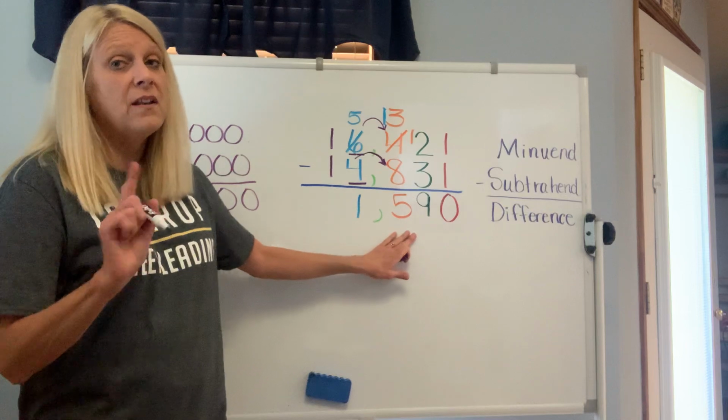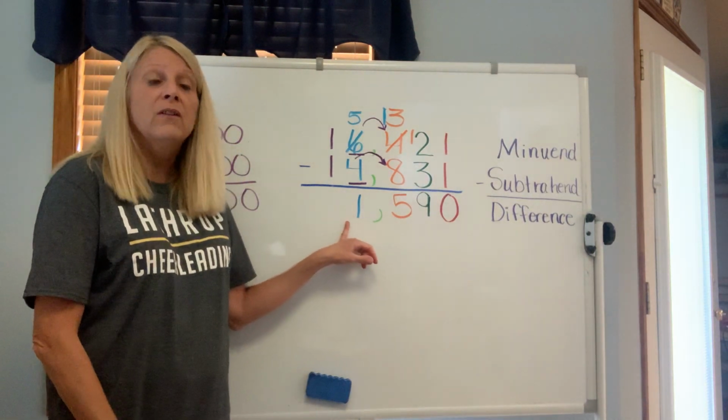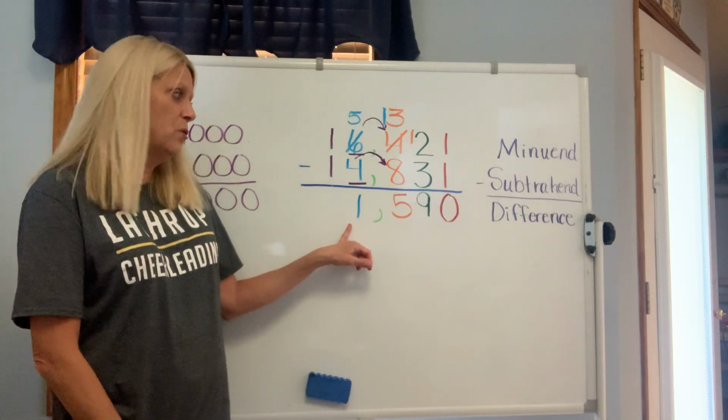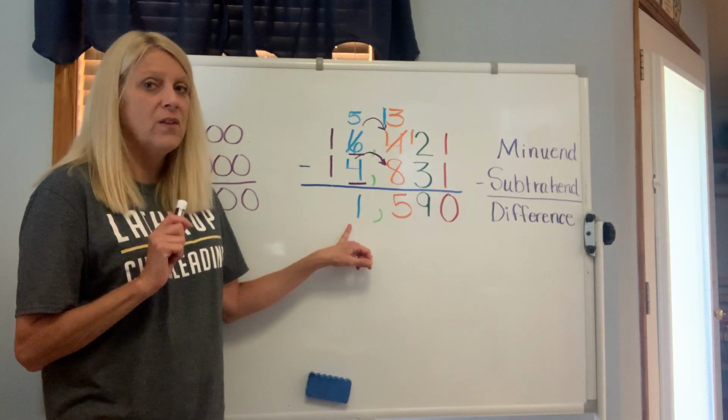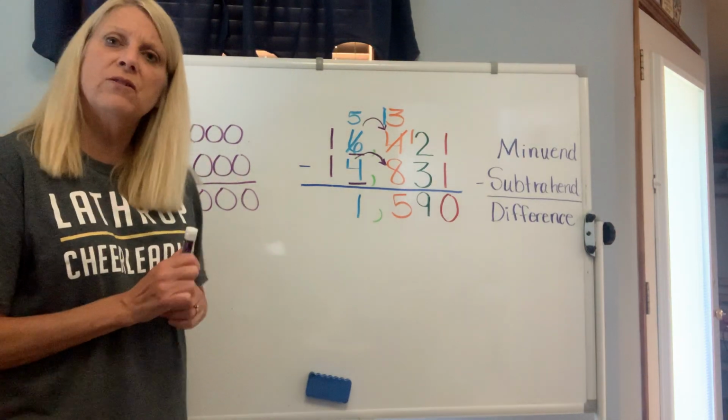All right? Another way you can figure out if your answer to a subtraction problem is correct is to add. You can check a subtraction problem by adding. So we're going to do that as well.